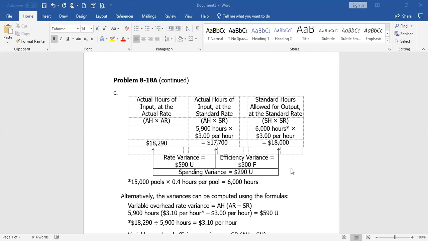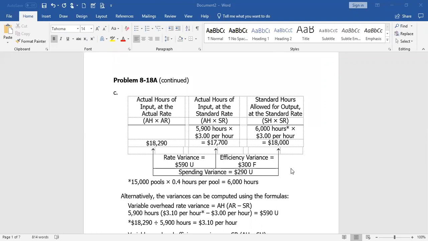So the difference between what you actually paid in variable overhead and what your flexible budget says you should have paid is a spending or rate variance. In this case, you paid more than you should have. You should have paid only $17,700 for the actual hours you used. So there's a $590 unfavorable variance.